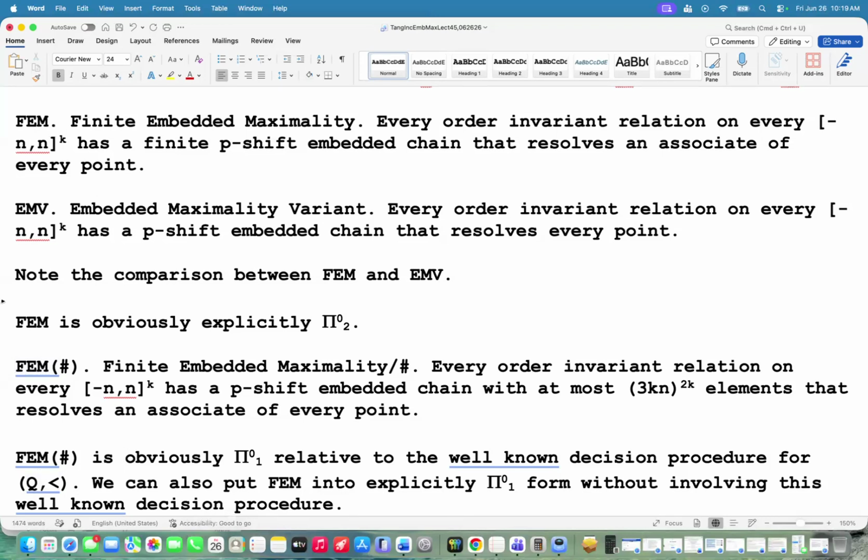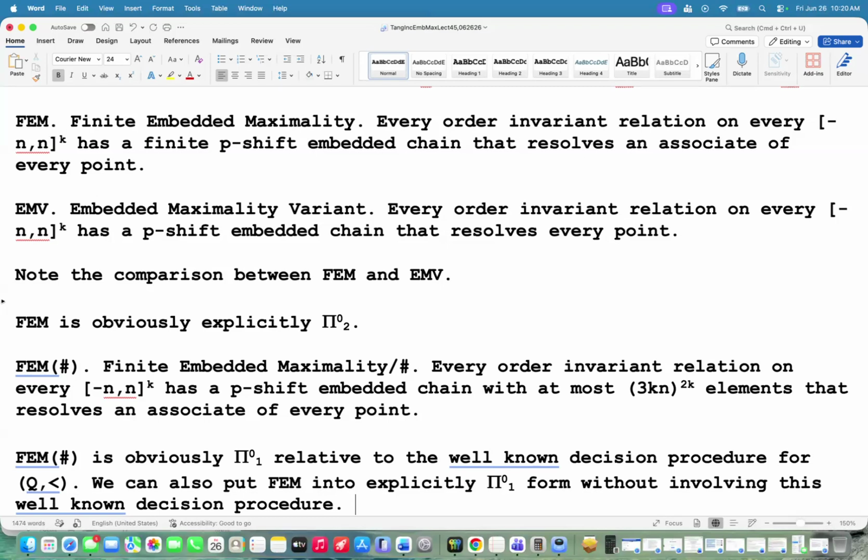So I think that I misspoke here, but it's easy to play around with this. I think FEM is explicitly pi 0 4, and it's pi 0 2 modulo the decision procedure for the rationals under order.